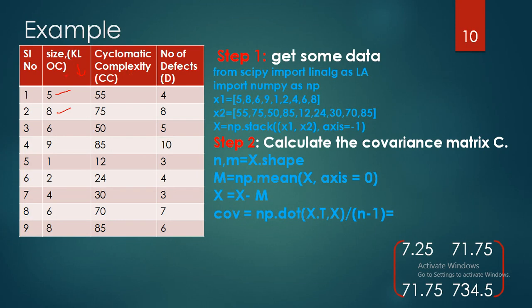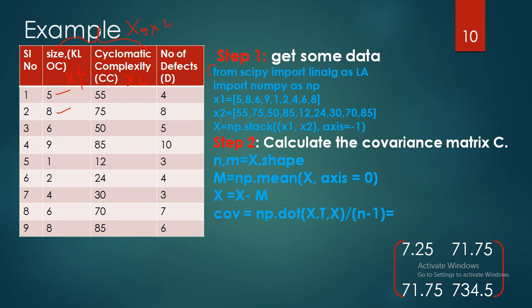The second dimension X2 is the cyclomatic complexity of the software, and the last column is the number of defects present in the software. But here we are interested only in the input X, that is 2 columns. So the dimension of the matrix X is 9 by 2 here, 9 rows, 2 columns.